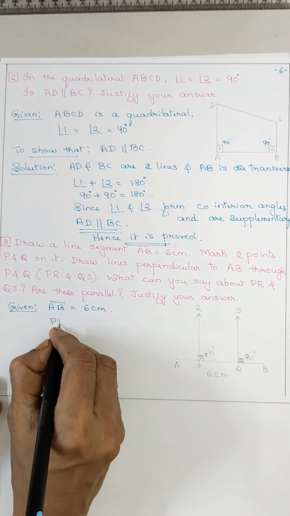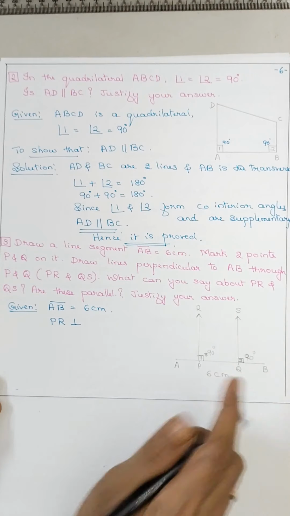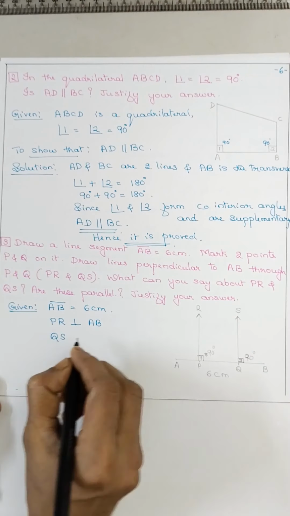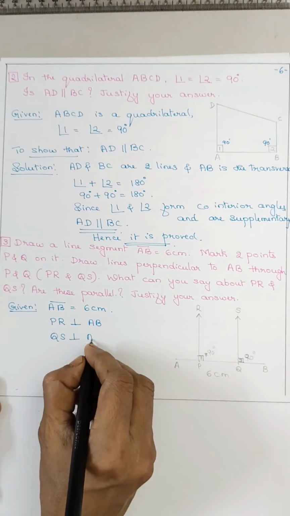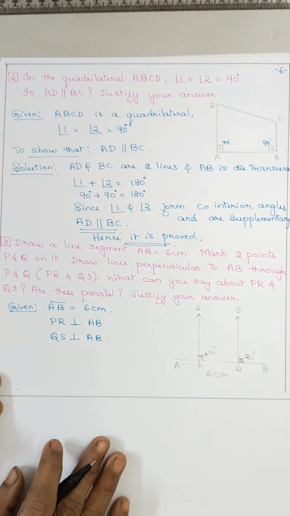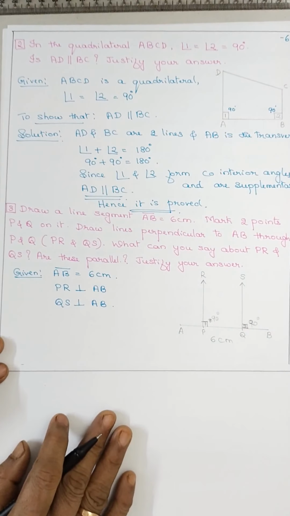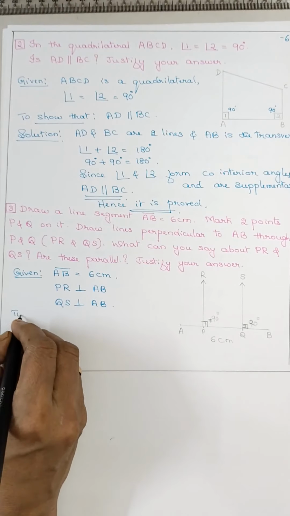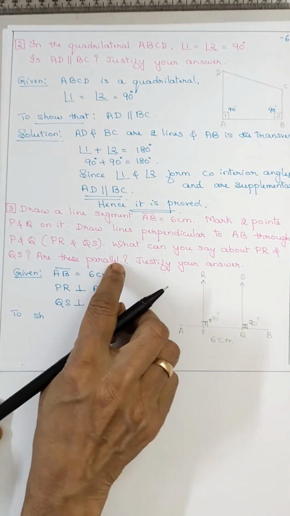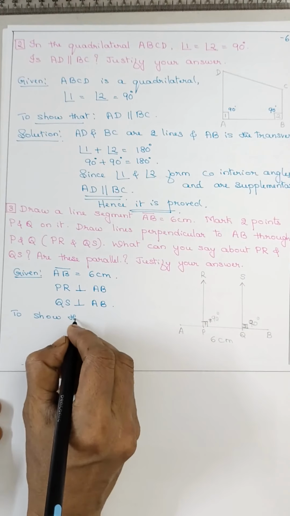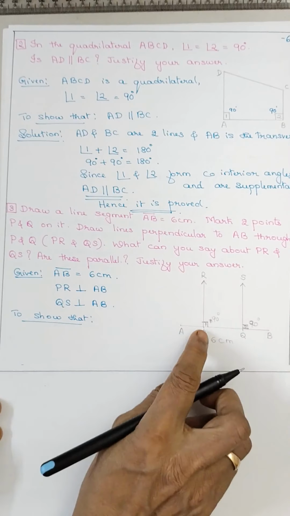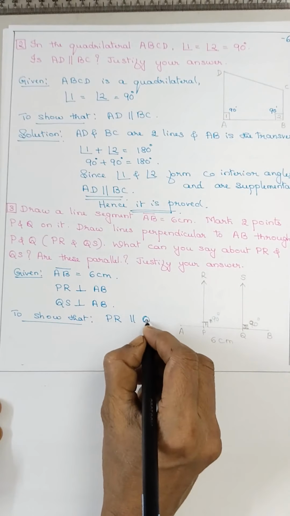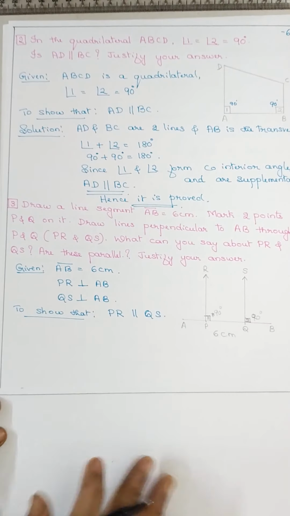PR is perpendicular to AB and QS is perpendicular to AB. This much is given. Now what they have told? To show that PR is parallel to QS.